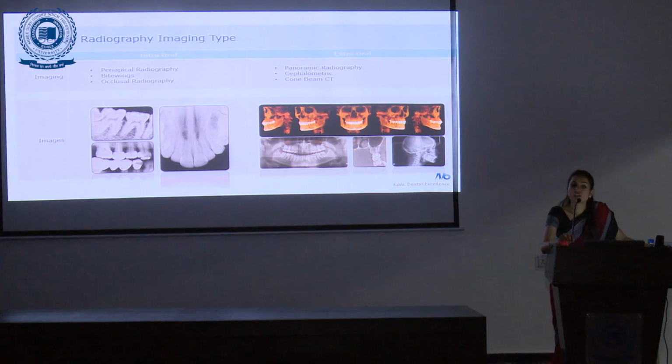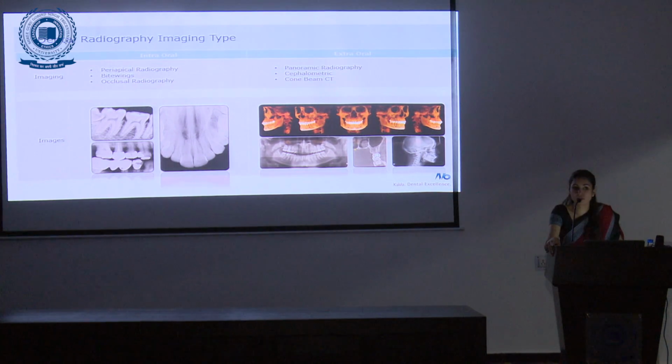Then digital radiography imaging types. There are two types of imaging, intraoral and extraoral. Intraoral, I'm sure you all must have used at least once by now, is the intraoral sensor, or what we call RVG. So for intraoral imaging, we need an RVG and an X-ray machine. These are the two things we need.